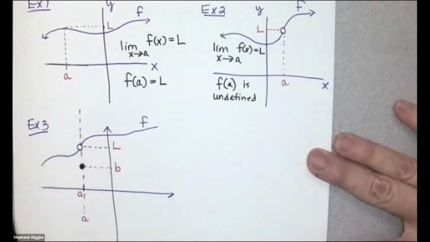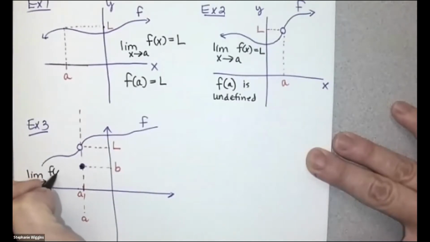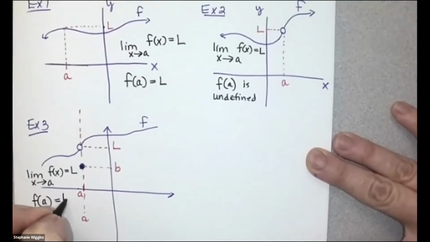But the limit values, so as you get close to a, when you put your x value into the function, the output is going to be close to L. And if on this side, if you get close to a and you go through the function, you're going to be close to L. So the way we write that is we say the limit as x approaches a of f of x equals L, but f of a exists, but it's equal to b.